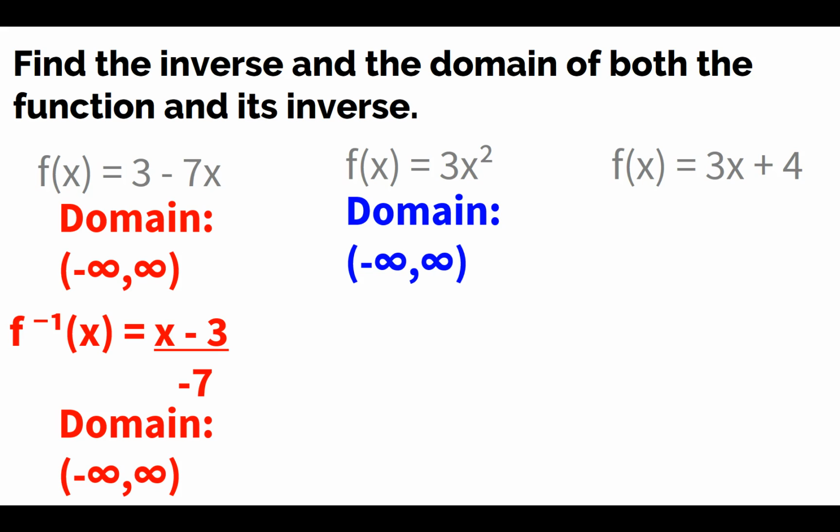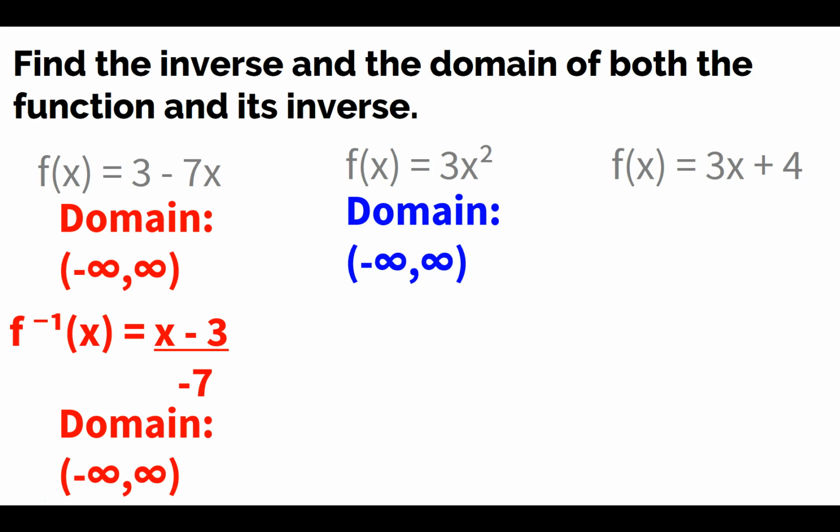Malik's thinking about what's going to happen after we do inverse, right? Because if we have an x squared, what's going to be the inverse of that? Square root. So we know my domain is going to be something different, right? Let's figure out what it is exactly, though. So we change that to y equals 3x squared. So that means x equals 3y squared.